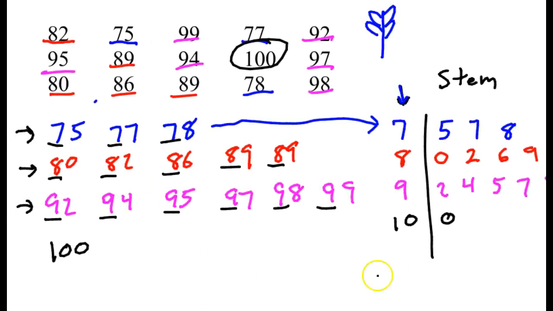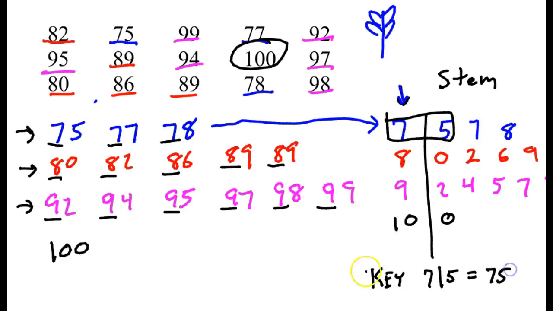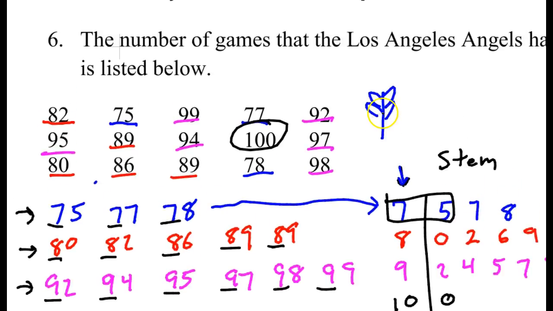Okay. And we also want to have a key of sorts so we know how to interpret this. So we could just pick a number and say, okay, 7 and 5 means 75. So include that at the bottom. And then also, like before, probably want to include a title of some sort.